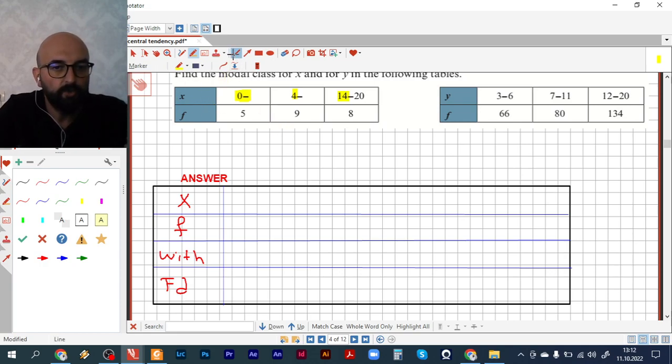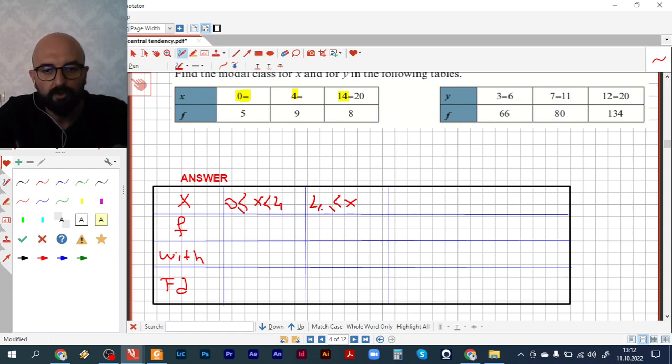So you should write the x values again like this: x greater than or equal to 0, less than 4; the second group, x greater than or equal to 4, less than 14; and the last group, x greater than or equal to 14 and less than 20.